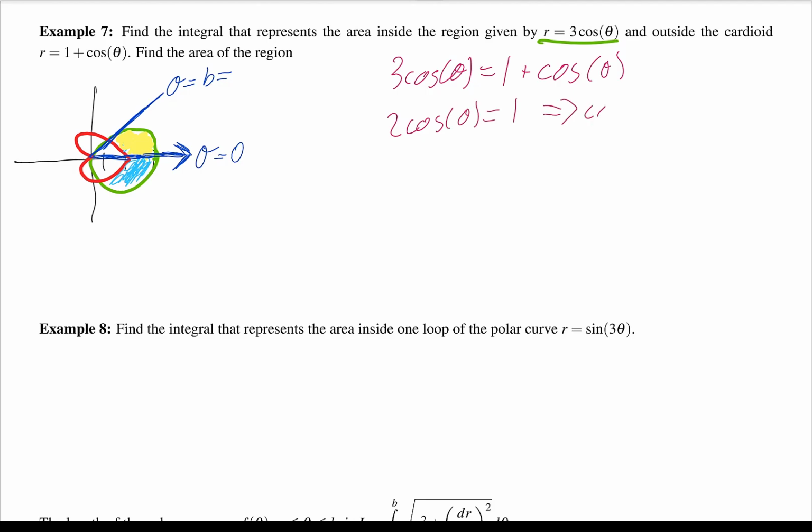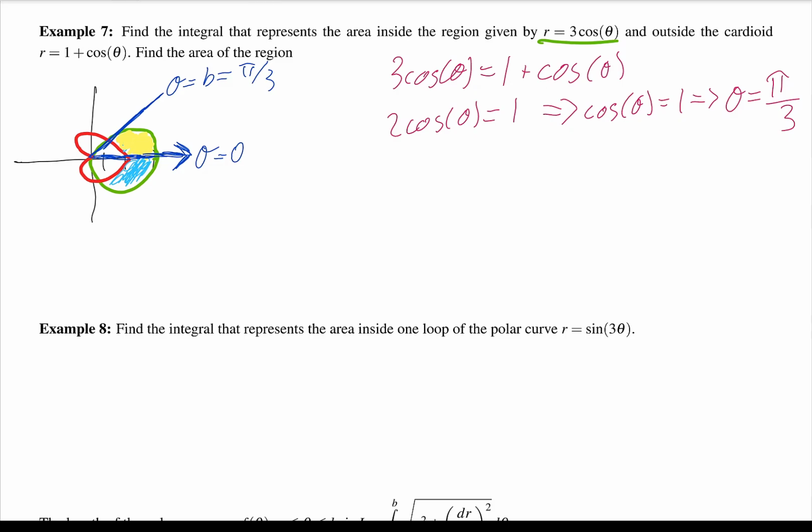So then cosine theta must be equal to 1/2, which means that theta is equal to, well, our possibilities would be pi over 3, or, so notice I'm saying or because there is another place where we get cosine theta equals 1/2. But I don't have to worry about that because pi over 3 is going to be the one that lies in this quadrant right here, in quadrant 1. So then we get theta is equal to pi over 3.